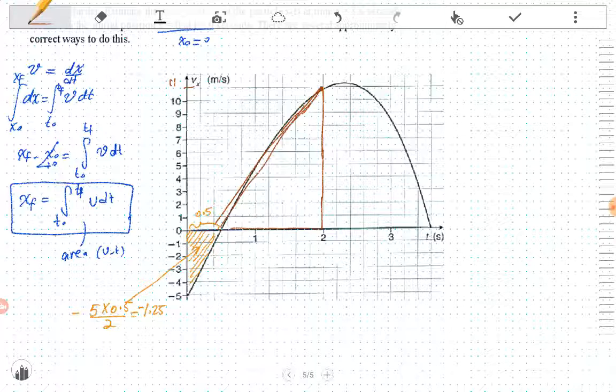So I try to find the area of this triangle. Well, here is 0.5, and you have 1, so the base is equal to 1.5. And the height is 11, so the area of this triangle is 11 times 1.5 over 2.